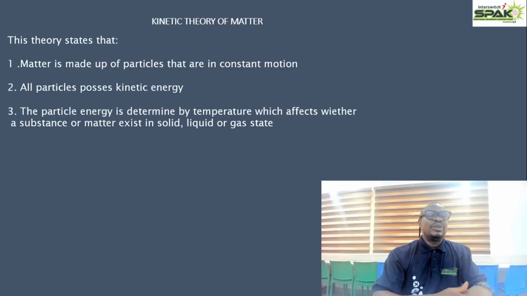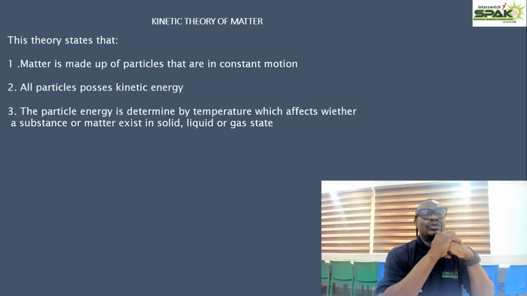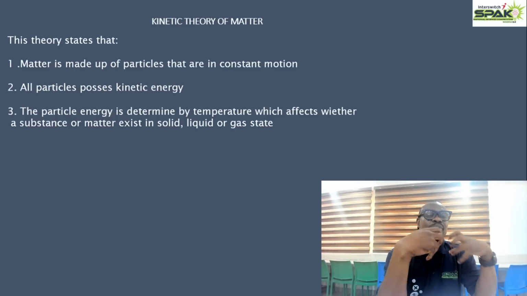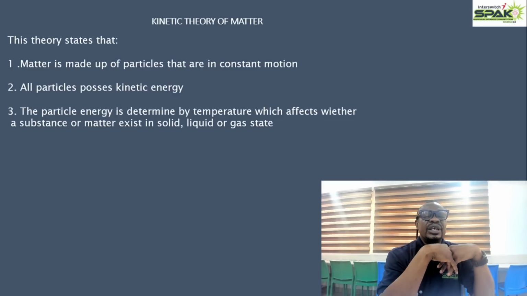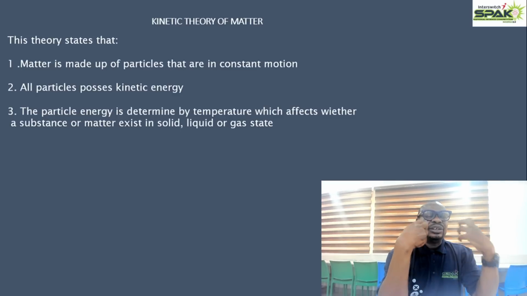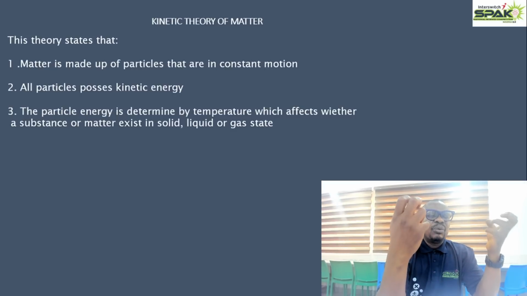Let's look at how the kinetic theory of matter explains heat and temperature. As I said earlier, every matter is made up of particles, and these particles are in constant motion. What do you think happens if there is more heat energy in this body, or if the temperature of the body is increased?